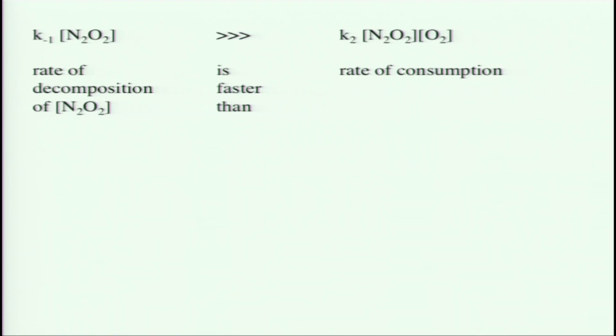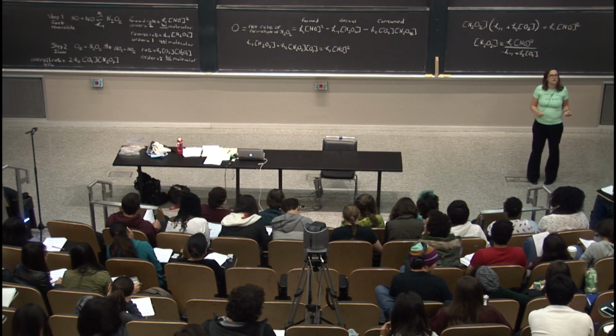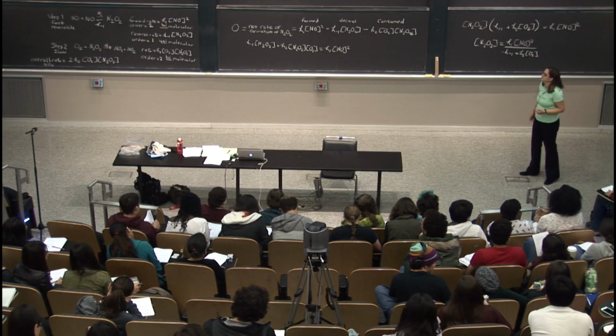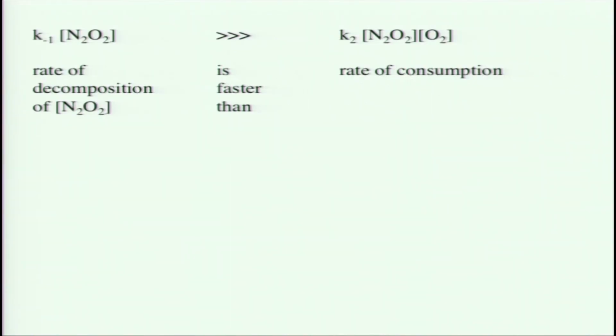So let's get back to our example. We made a proposal that step 2 was going to be rate determining, that was slow. We made the proposal that step 1 was fast and reversible, step 2 was slow. So what that's going to mean then is that our rate law for the first step, that's fast, is a big number.